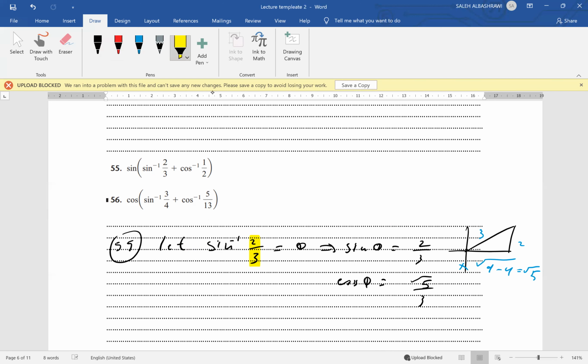For the second part, I will say that cosine inverse 1 over 2 is equal to 60. We know it is equal to 60.